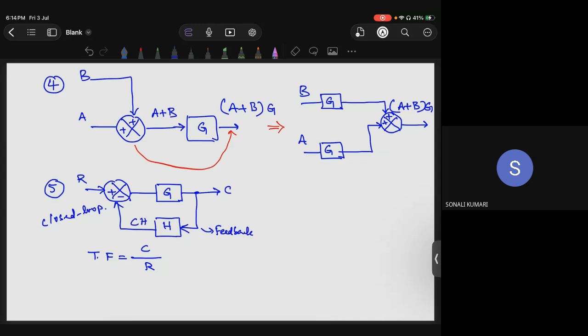This will be nothing but CH. So first, CH, what is this one? This will be R minus CH. Am I correct? You're getting R positive and CH is negative. So what will be my C here? C is G multiplied by R minus CH. Correct?